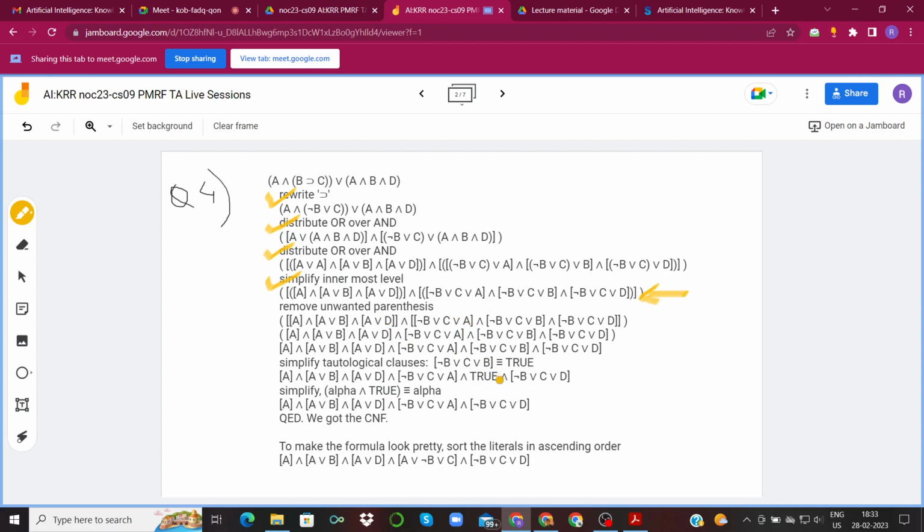Now we'll remove the unwanted parentheses. Okay, so we have a couple of extra parentheses, right? So for the sake of our understanding, we'll simplify them, and after that we'll arrive at this particular state.